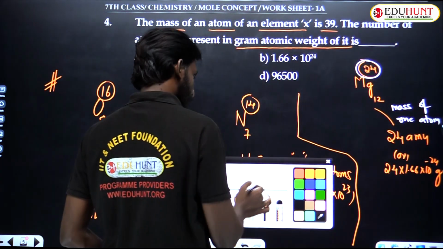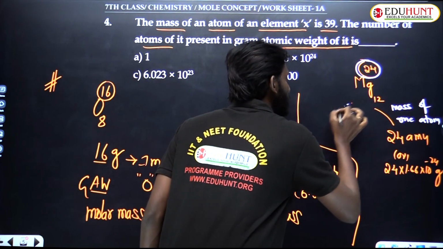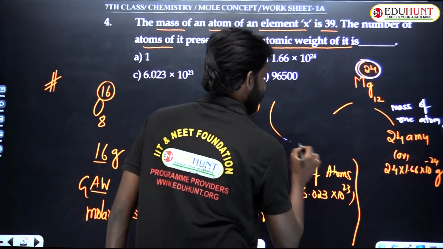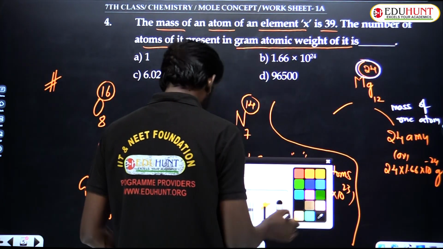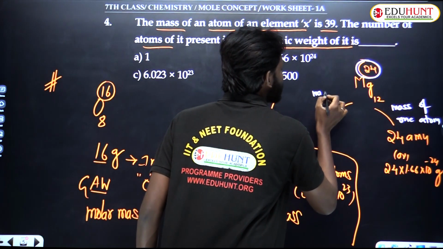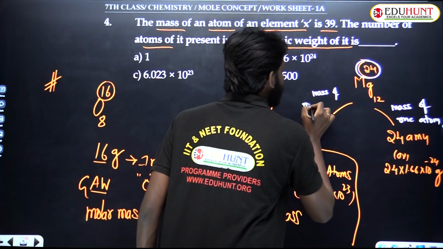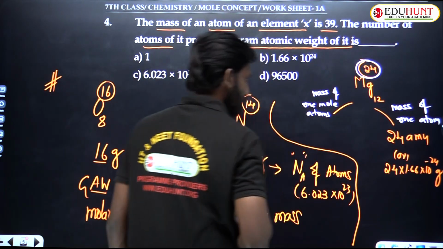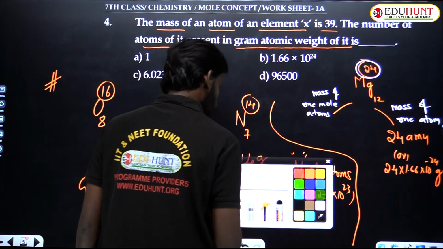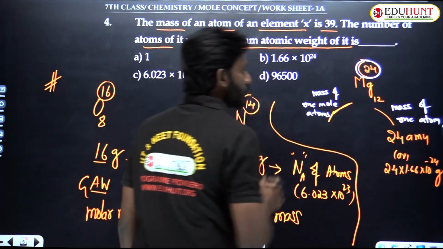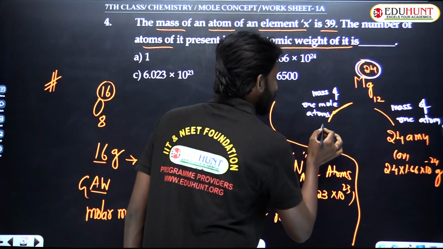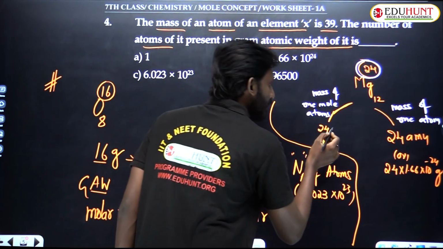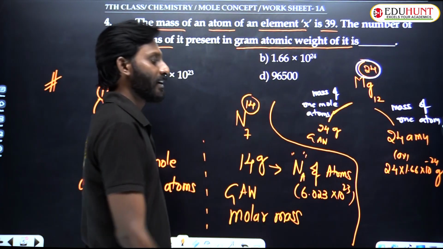In the similar way, you can express the mass of 1 mole of atoms. How? Looking at the 24, I write 24 is the atomic weight. Writing in grams, it will become gram atomic weight.